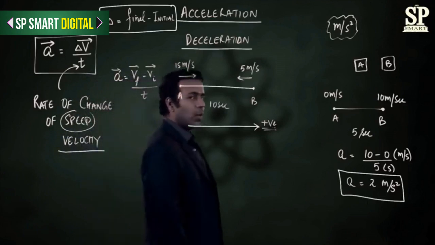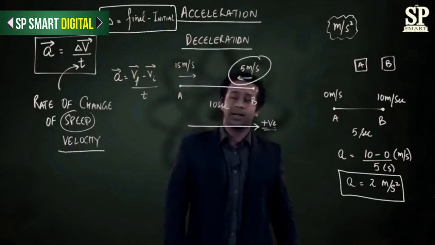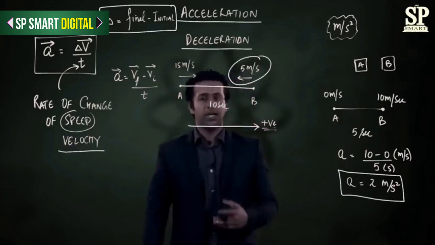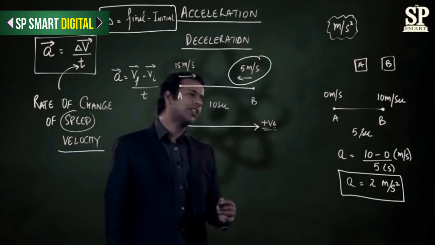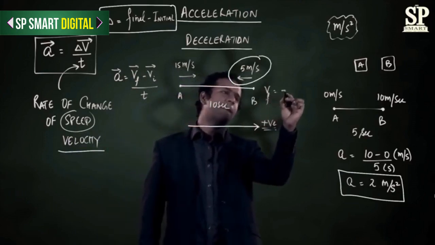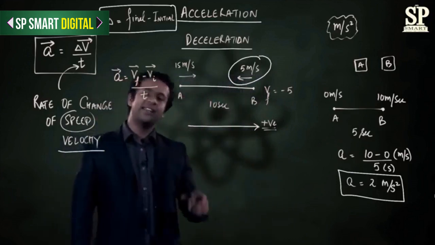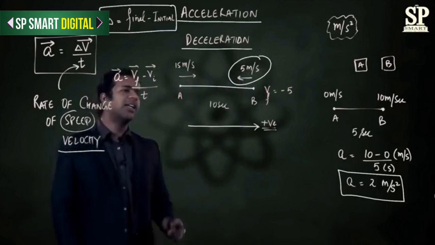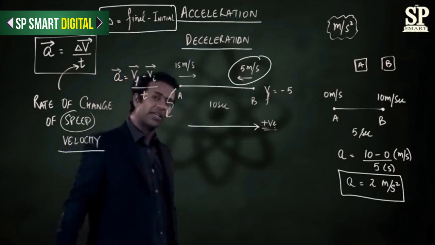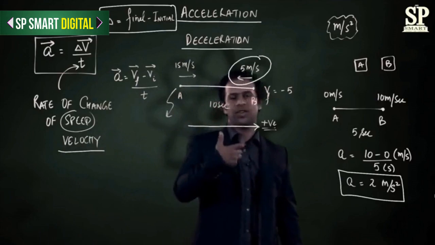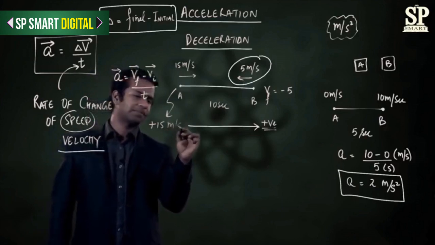So in this case, what is the final speed or the final velocity? It is 5 meter per second, right? But it points in the direction opposite to the direction we are considering as positive. So that means the final velocity Vf is minus 5 meter per second, right? This is because of the sign convention that we have chosen. Similarly, the initial velocity of this particle has magnitude 15 meter per second, and it points in the direction which we have taken as positive, and hence it becomes plus 15 meter per second.